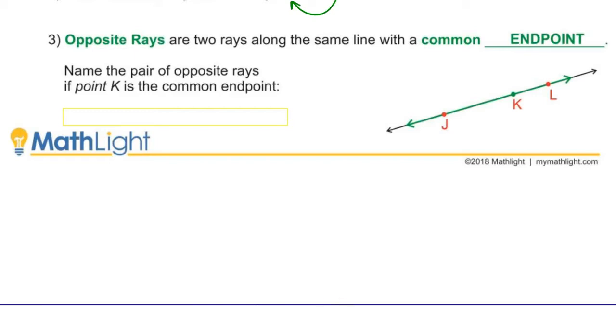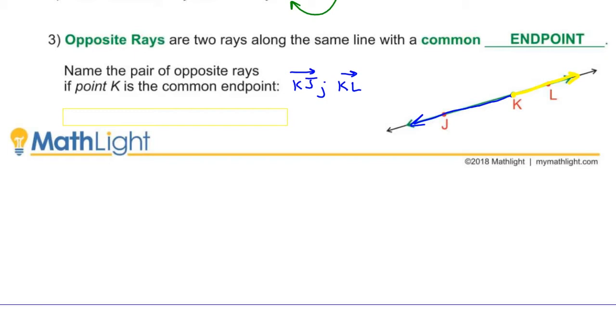This is what we should say. Ray KJ. Can you see that ray? I'll do it in blue. It starts here and it goes this way. What's the other opposite ray? Well, again, K. Ray KL. And I'll do that in yellow. That starts at point K and heads in that direction. Do you see the opposite rays?